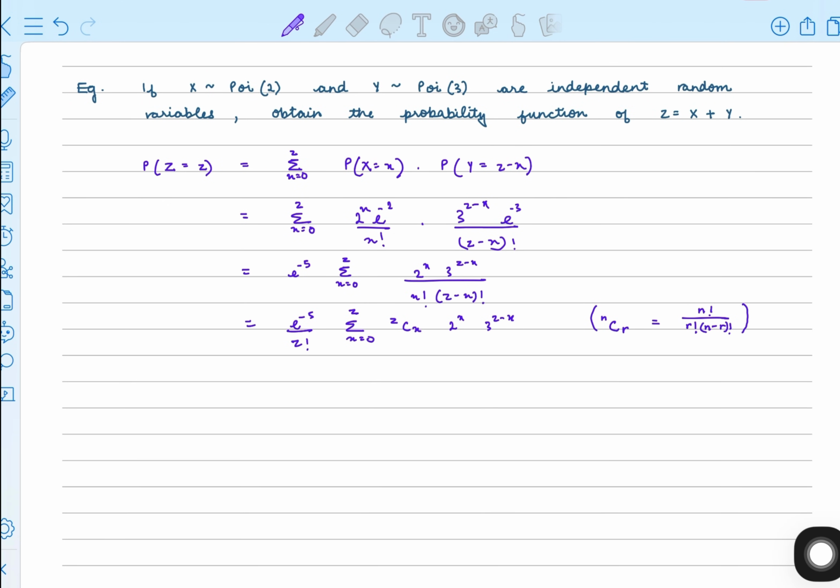Now, as we can see, this statement right here follows the binomial theorem. Therefore, we apply that.